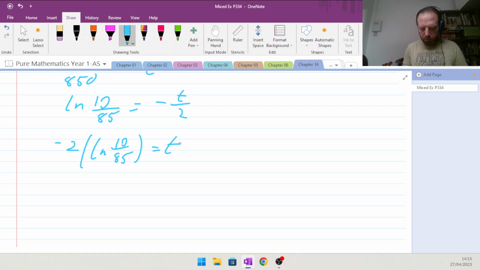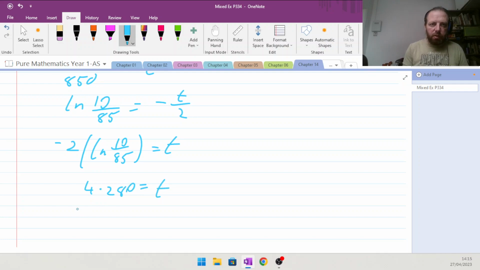So what does that give us? 10 divided by 85 was 2 over 17. Just never did the division by 5. The ln of that is minus 2.14. Okay, times by minus 2 gives us 4.28 is equal to t.